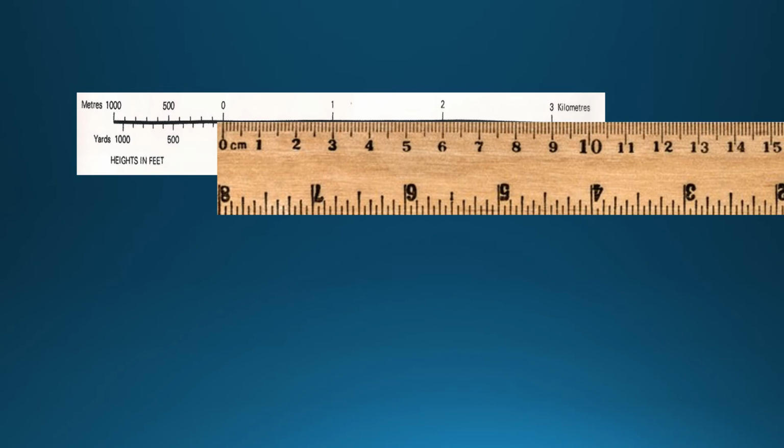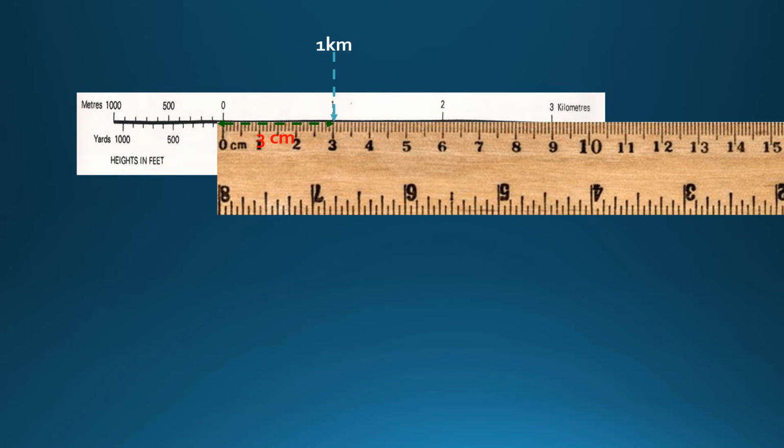Now the idea is to find out what is the distance between the 0 and the next number on the linear scale in order to arrive at our statement. So when we measure between the 0 and the 1, we realize that the distance between the 0 and the 1 is 3 centimeters.